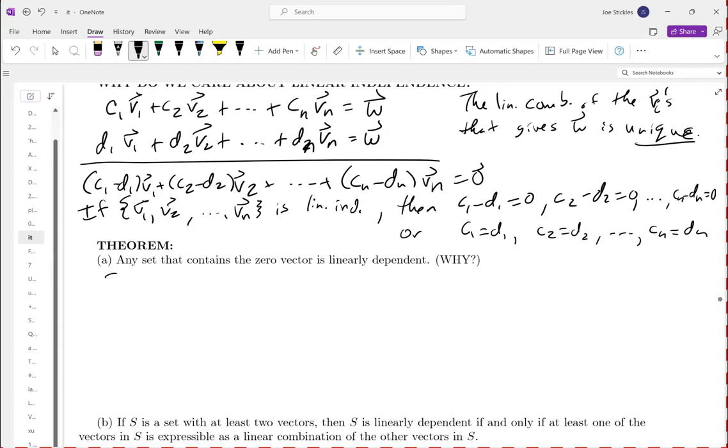So if you have a set of vectors that contains the zero vector, say that's my set, can you give me a linear combination using vectors from that set where not all of the constants are zero, but I get the zero vector out? Can I form a linear combination of all the vectors using vectors from that set where not all of the constants are zero and get the zero vector?